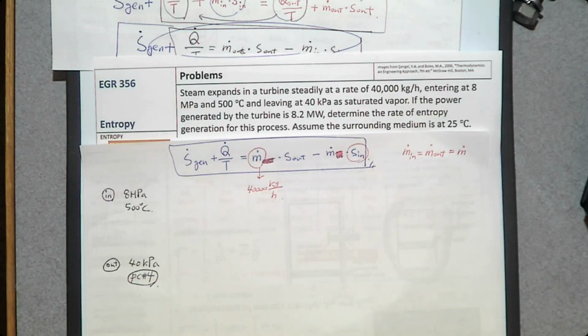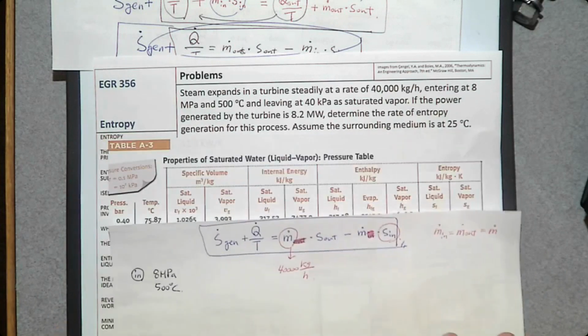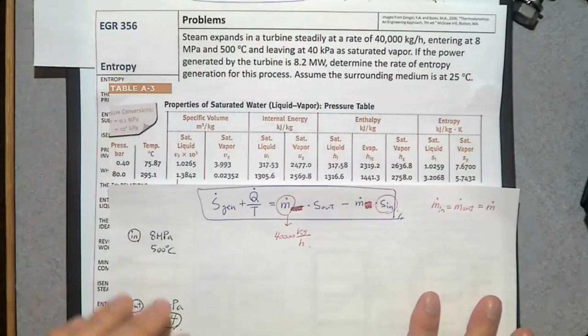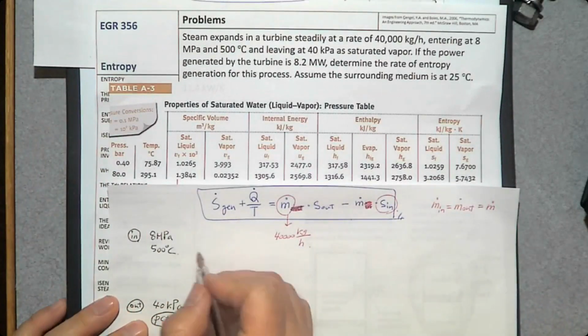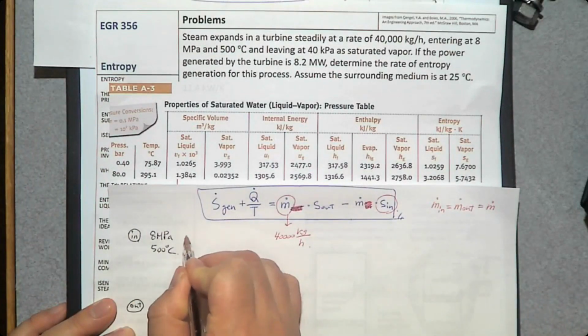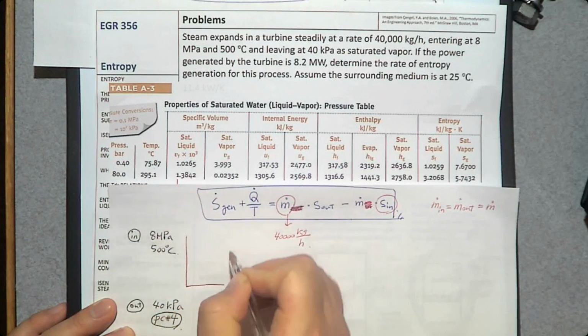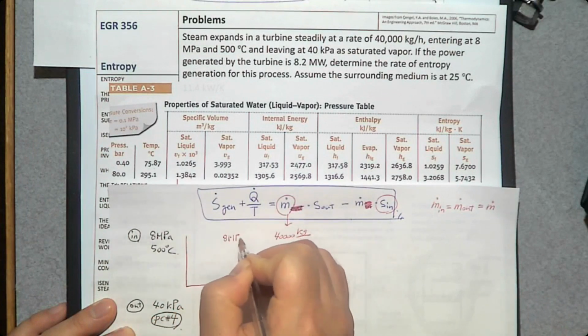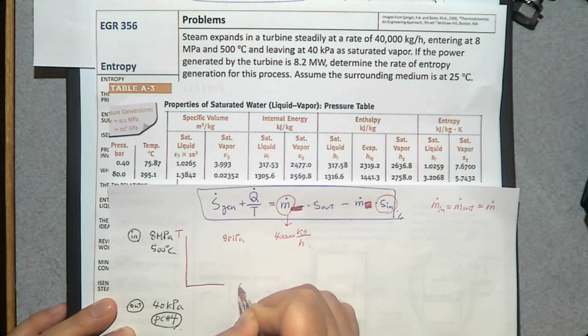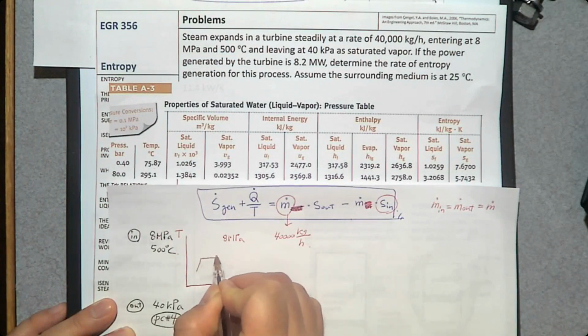So how can you do that? We need to determine the phase change process. How can we determine it? By using a property diagram. At 8 megapascal, the T-S diagram looks like this.